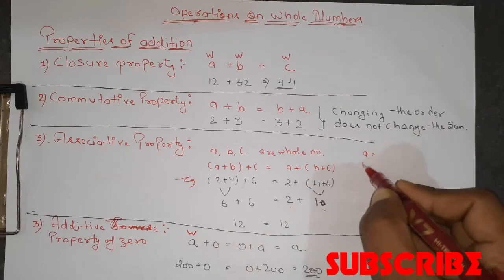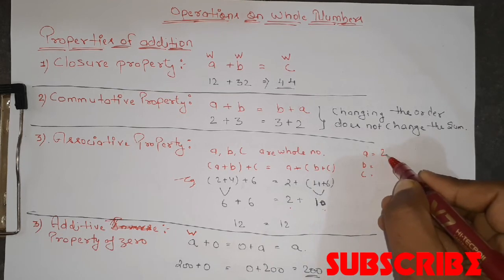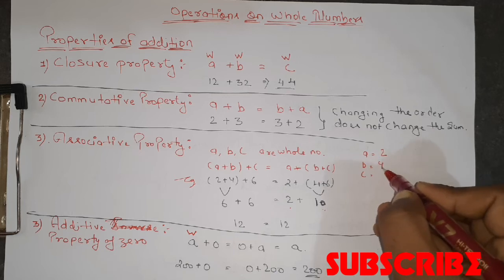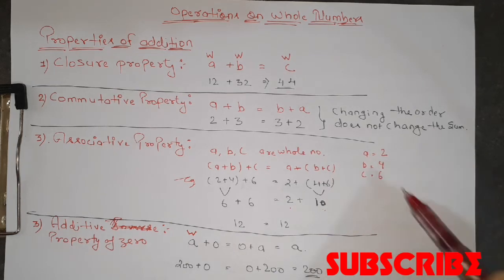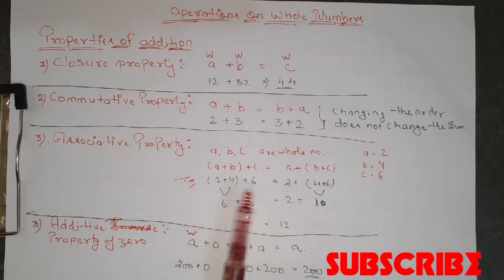So here you can easily see that a is 2, b is 4, c is 6, and the answer is 12. If I change the order or the grouping method, it will be 12 only. So no matter how you group them, the sum will not change, right student?